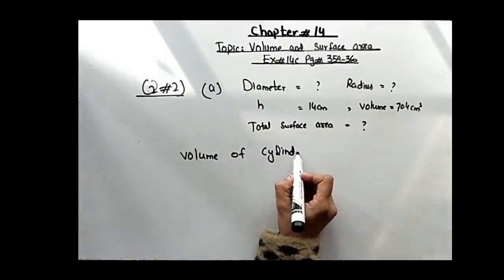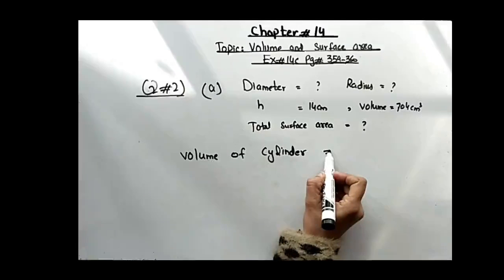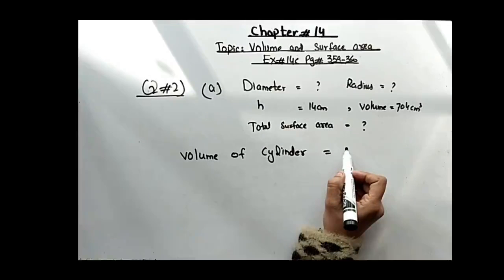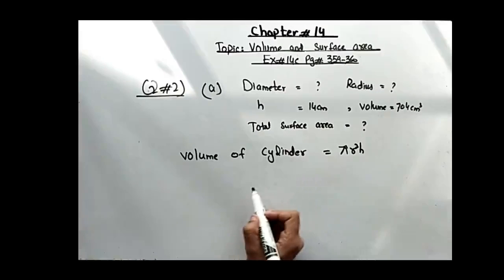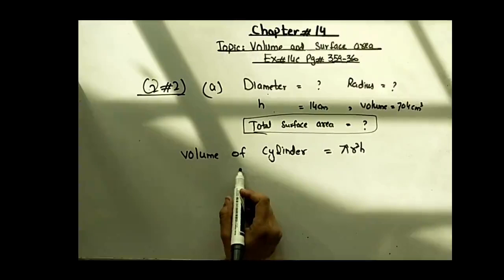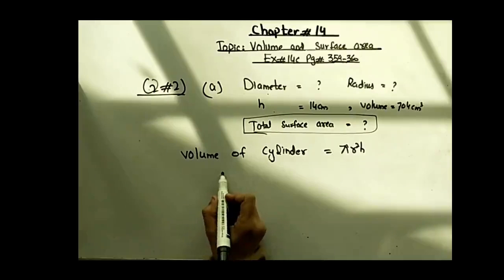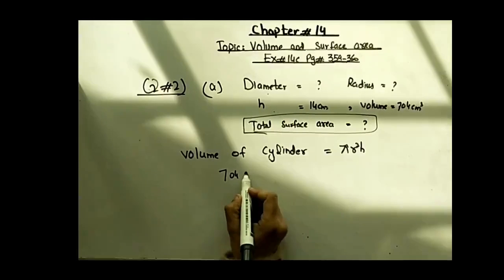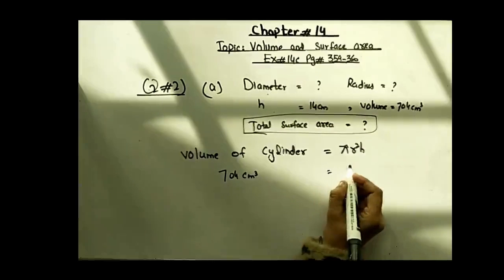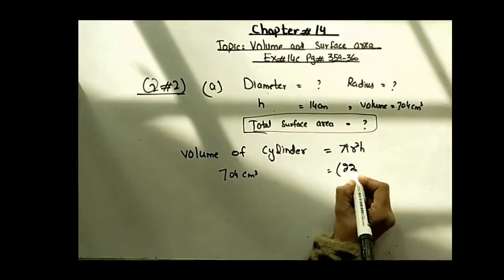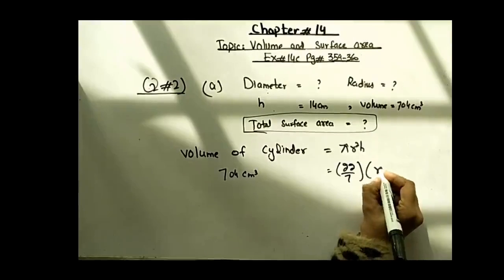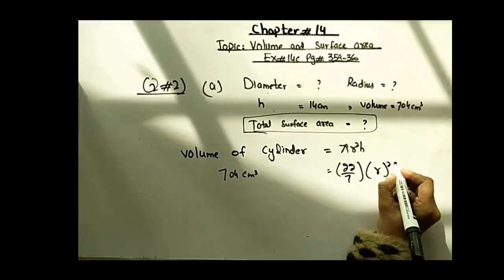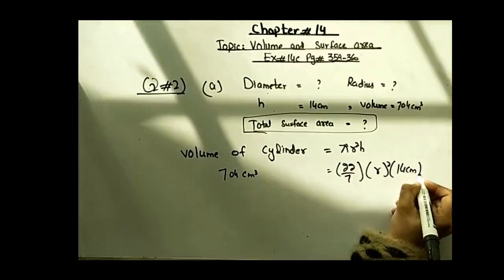Volume of cylinder is equal to, what is the volume of cylinder formula as we have already done? Do you remember? Yes, pi r square h. Then put the value of volume, pi and h. So volume is 704 centimeter cube and is equal to pi is equal to 22 by 7, and r is missing, r square, h is 14 centimeter.